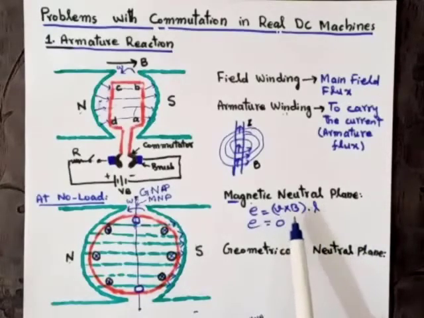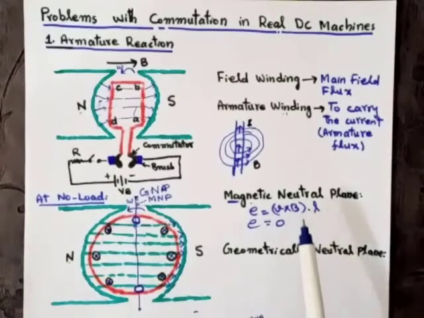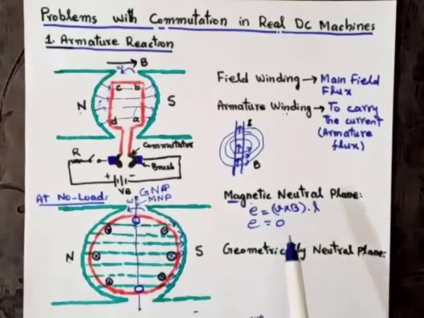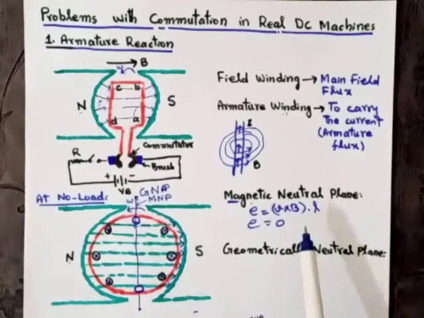When relative velocity and B are parallel, then the angle between V and B will be 0 or 180 degrees. As we know, sine of 0 or 180 is 0, that's why the induced voltage will be 0.